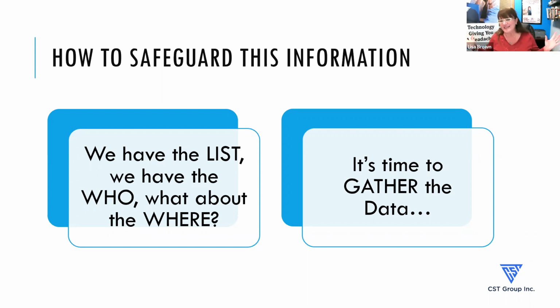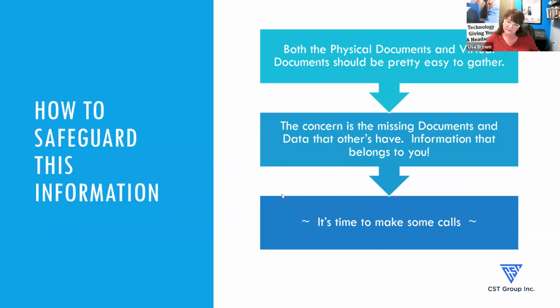And it's time to kind of get it all together and gather it so that in an emergency, if you had to access stuff, or you had to lock somebody out, or you had to prevent access to a bank account, or you had to prevent them from charging on a credit card, where is that information located? Okay. So next up is truly both the physical and the virtual stuff should be pretty easy to gather.